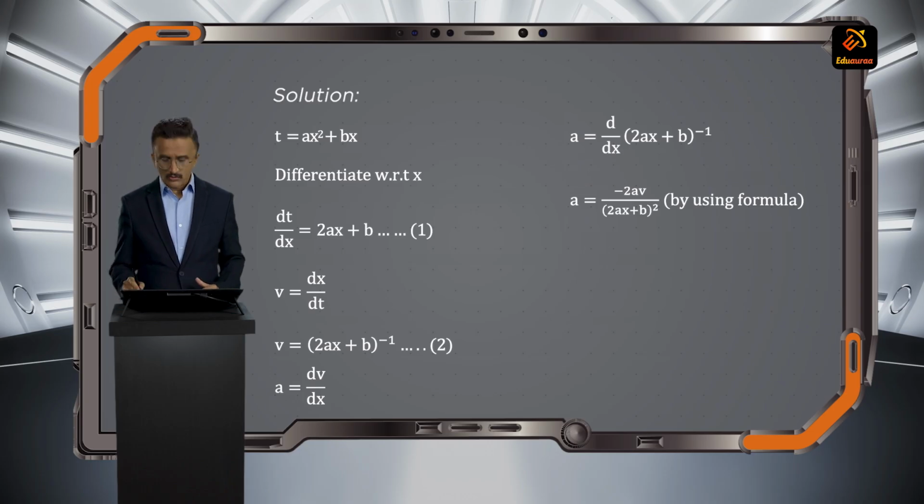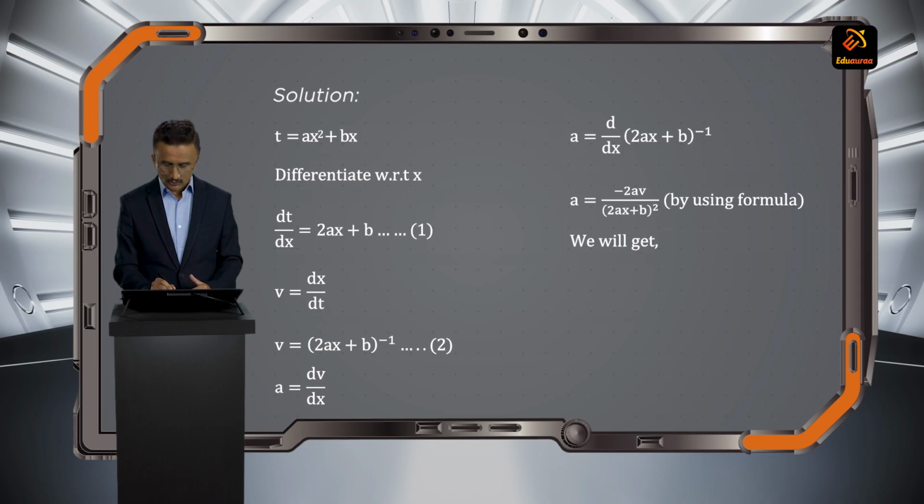Okay, so now I can adjust the power. So a is equal to 1 upon 2ax plus b into minus 2a upon 2ax plus b square. So in the denominator we have what? 2ax plus b cube.